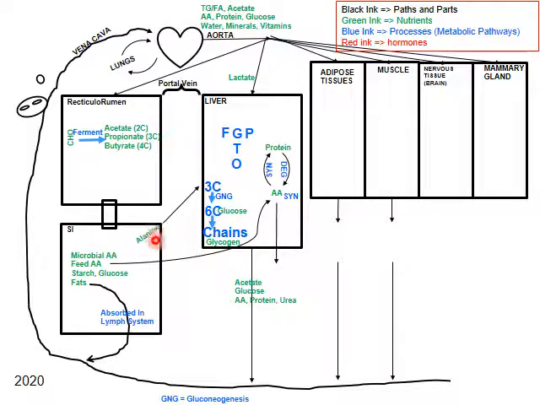Alanine, a non-essential amino acid, one of the 20 amino acids, is a 3-carbon unit that can pass directly into gluconeogenesis. Alanine can also be synthesized as a non-essential amino acid in the liver, but alanine can provide a source of 3-carbon units. Those 3-carbon units can be used to generate glucose.